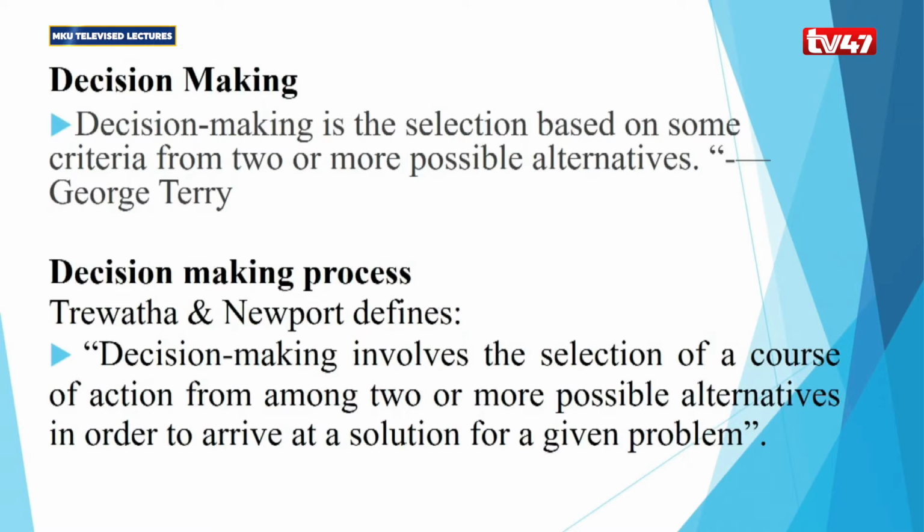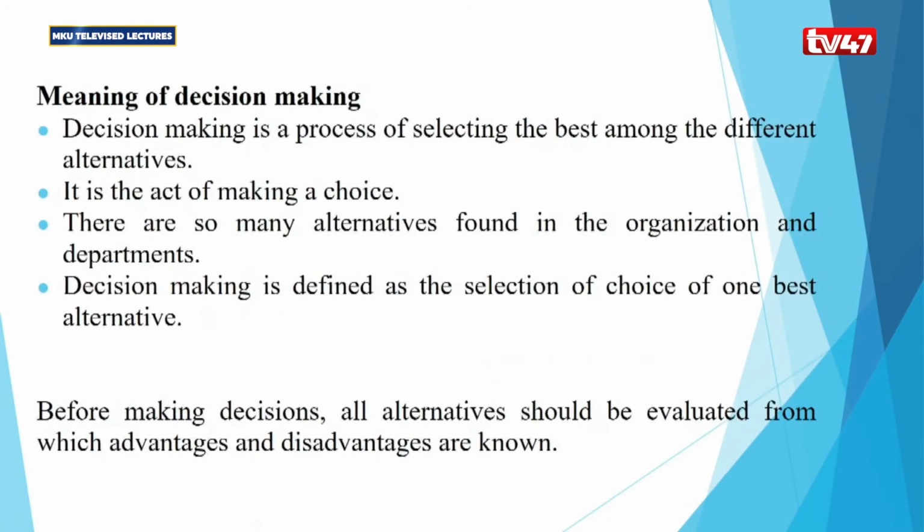They define decision making process as: decision making involves the selection of a course of action from among two or more possible alternatives in order to arrive at a solution for a given problem.